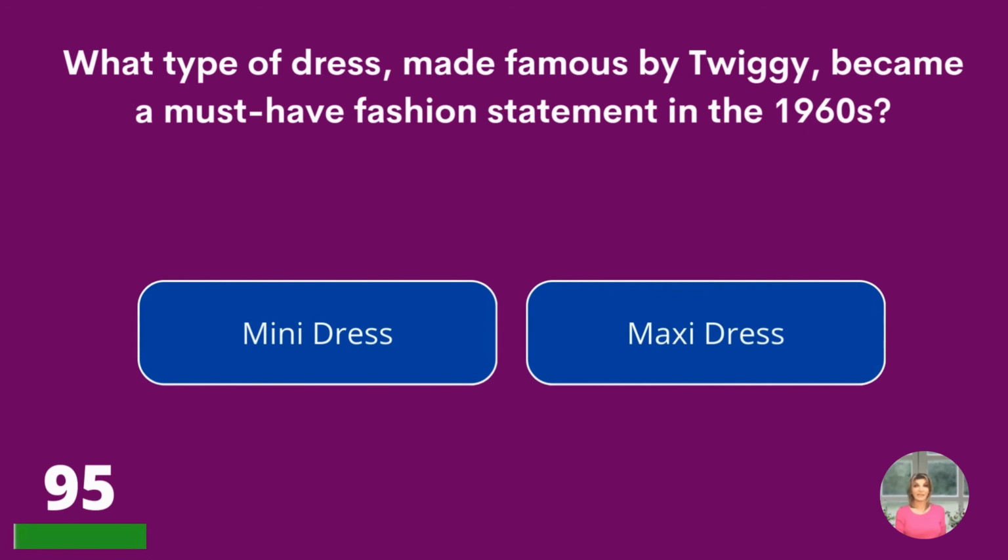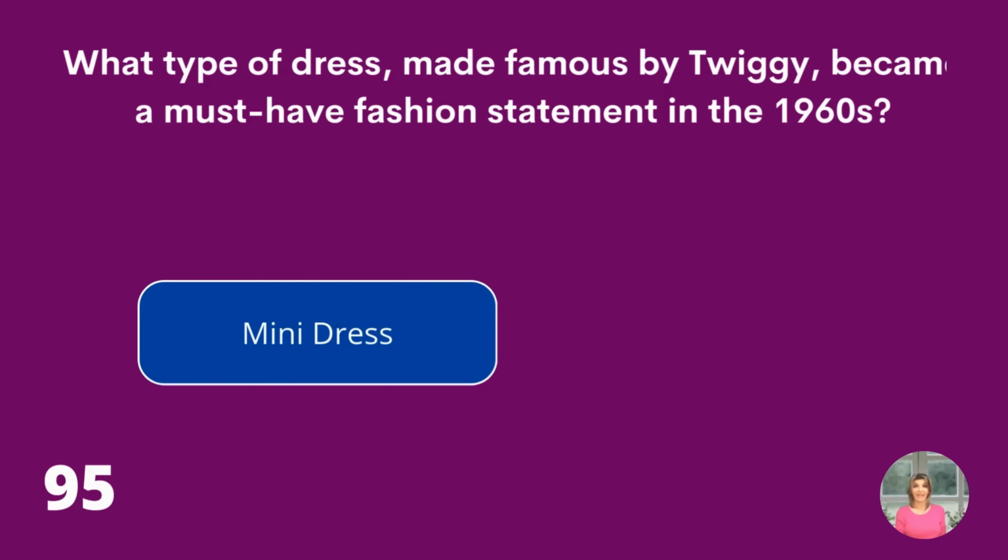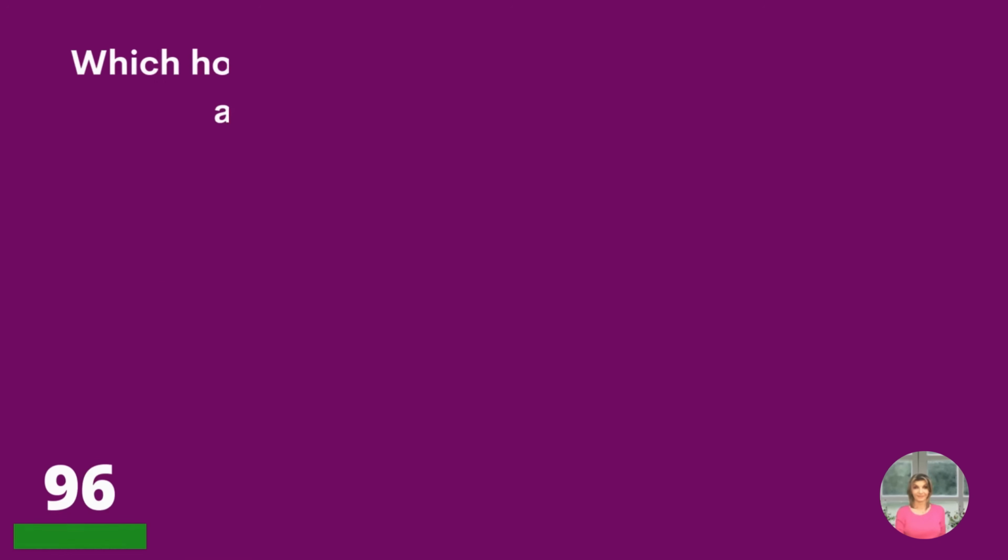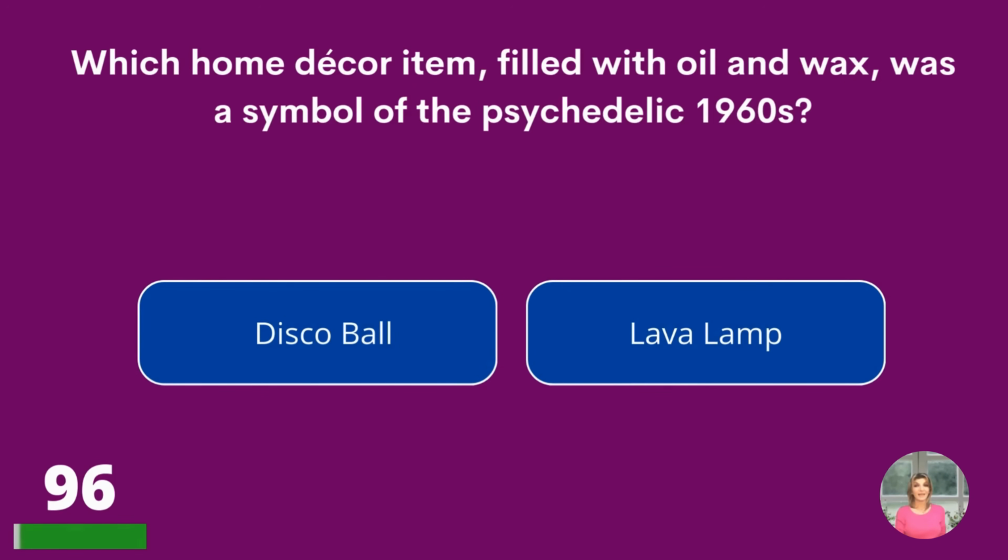What type of dress made famous by Twiggy became a must-have fashion statement in the 60s? The mini dress or the maxi dress? The mini dress. Which home decor item filled with oil and wax was a symbol of the psychedelic 1960s?